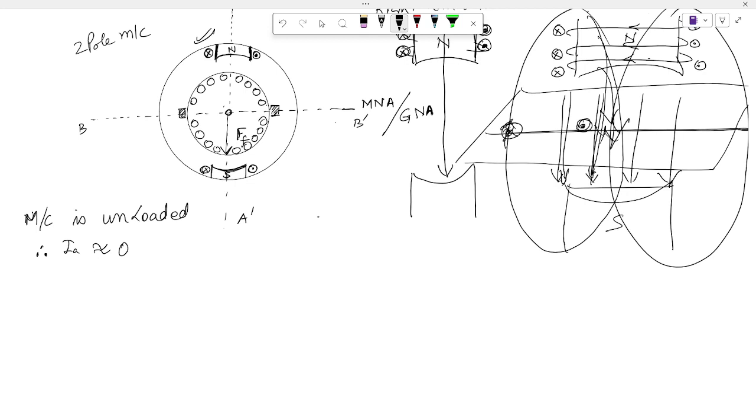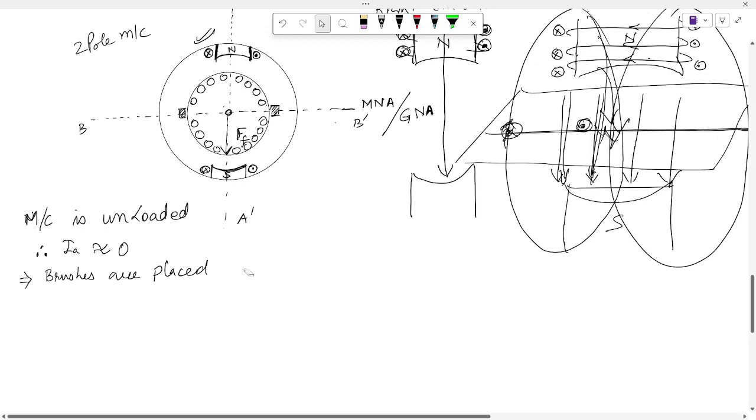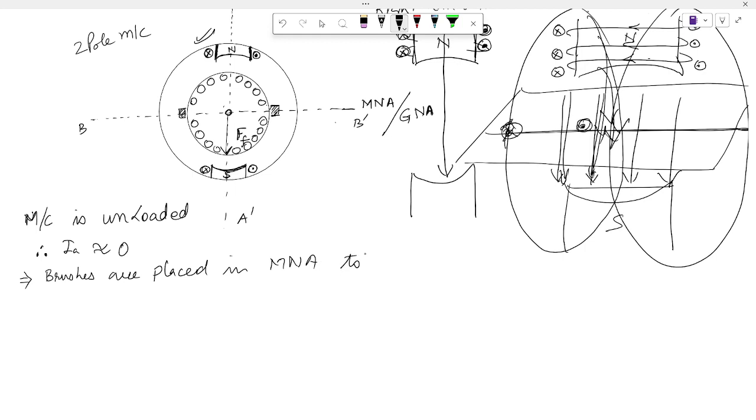Brushes are placed in the geometric neutral axis, or let me call it placed in the magnetic neutral axis, to collect the maximum EMF developed.